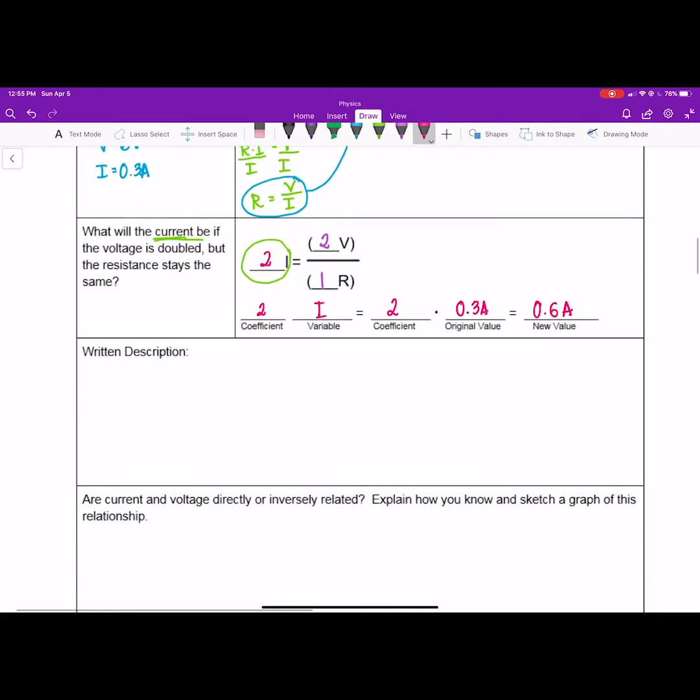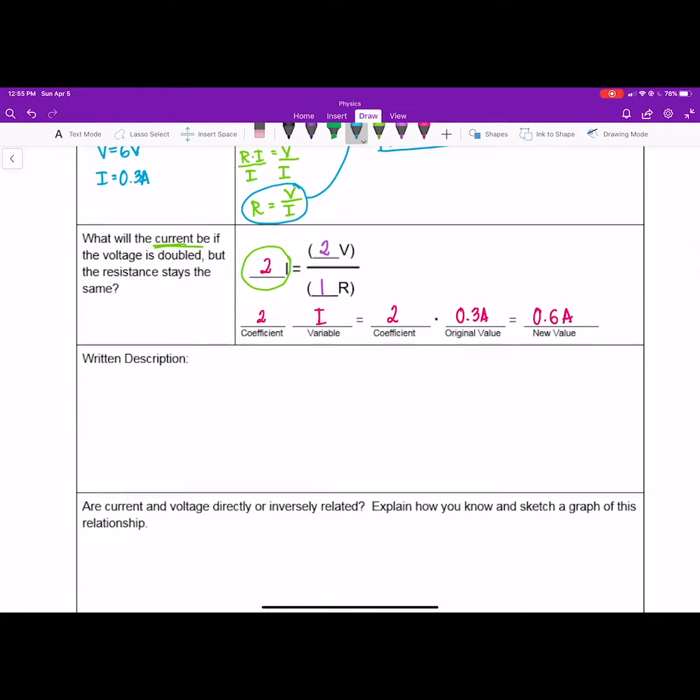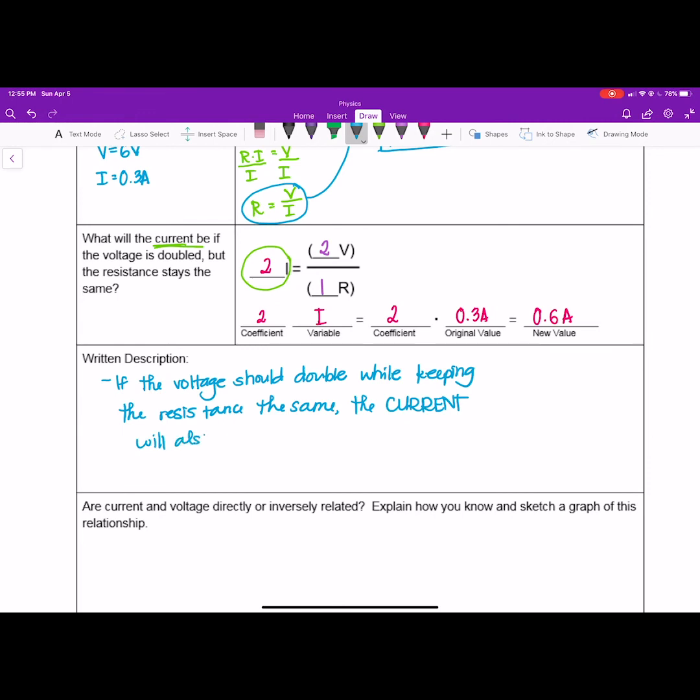And to write that in the written description: if the voltage should double while keeping the resistance the same, the current will also double.